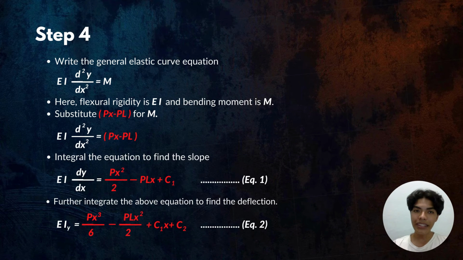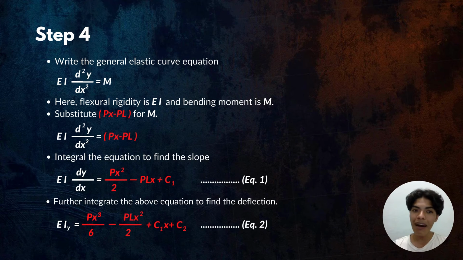Then we need to integrate the equation to find the slope. So the right side of the equation will become Px squared over 2 minus PLx plus the constant C1. Don't forget to put the constant C1 in our equation when we are integrating. So this equation will become our first equation, or equation 1.